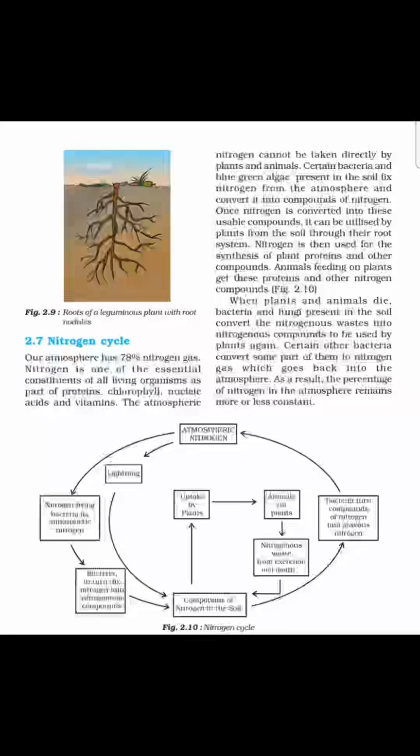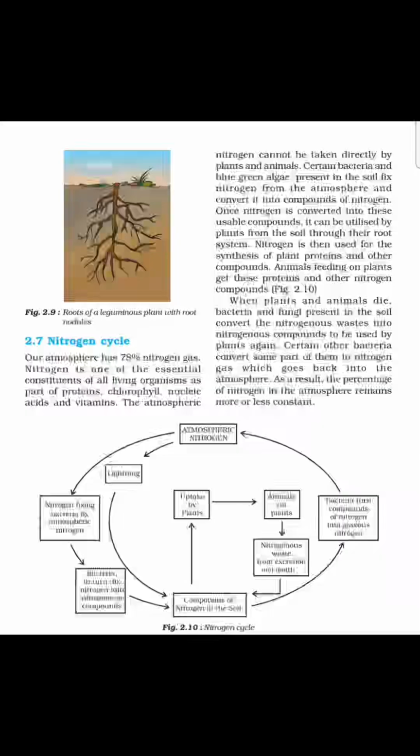This is a process where atmospheric nitrogen is converted into usable nitrogen compounds. Nitrogen-fixing bacteria like Rhizobium in root nodules of leguminous plants, and blue-green algae present in the soil perform this conversion.